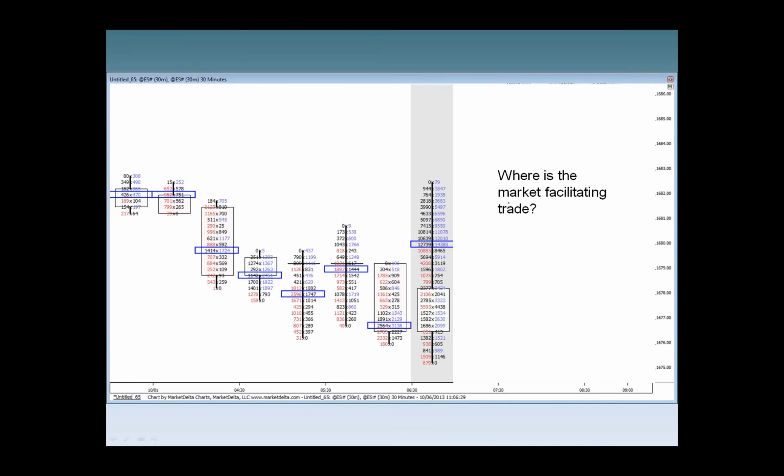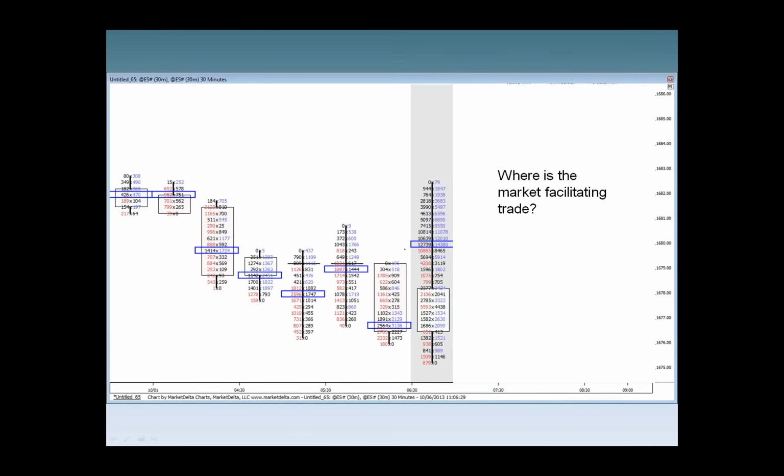The market always facilitates trade in the direction of volume. So if in fact your volume is starting to dry up, then that particular direction is not going to continue, or the movement in that direction is not going to continue. However, if you continue to see an increase in volume in a particular direction, there is a great likelihood that the market will continue moving in that direction.